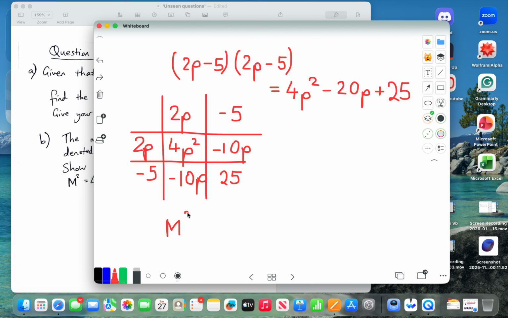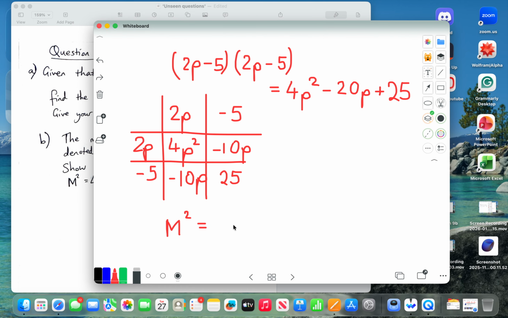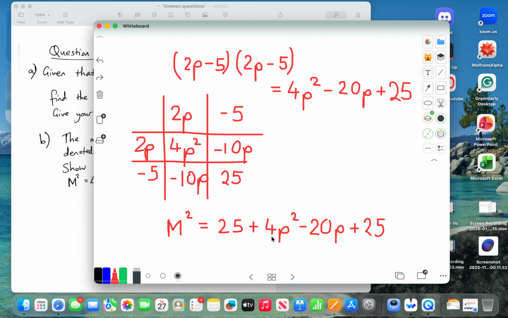So m squared equals 25 plus, and let's add on what we have here, so that's 4p squared minus 20p plus 25. We want to simplify.